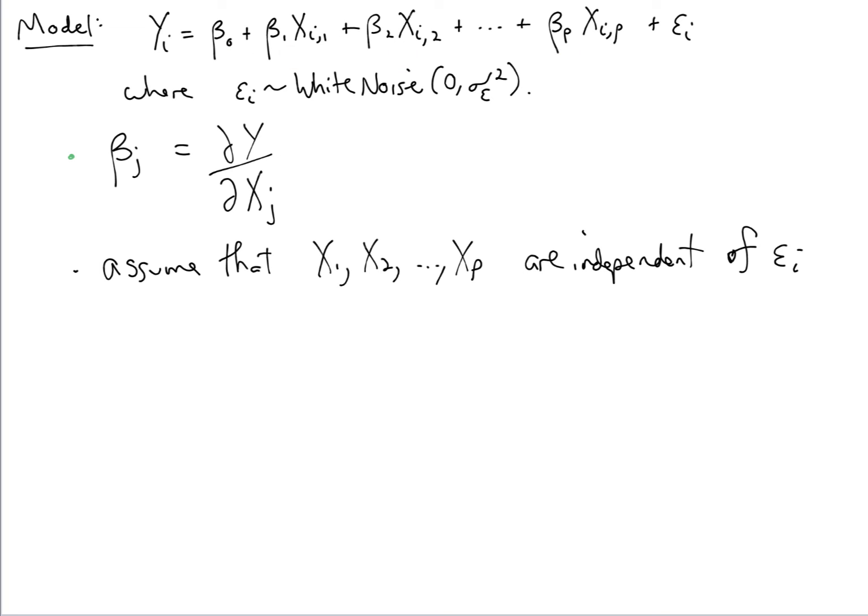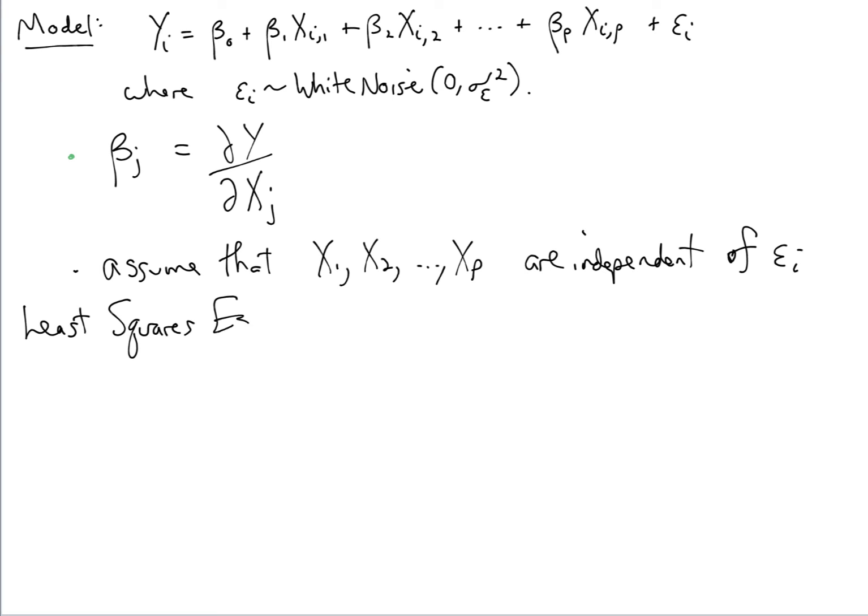But for p bigger than 2, we are now in higher dimensional space than we can picture. But the idea is still the same. We want to obtain the best fitting hyperplane in that space.